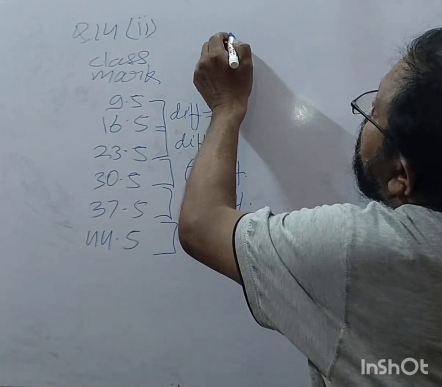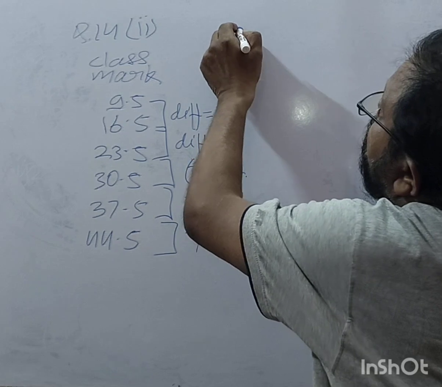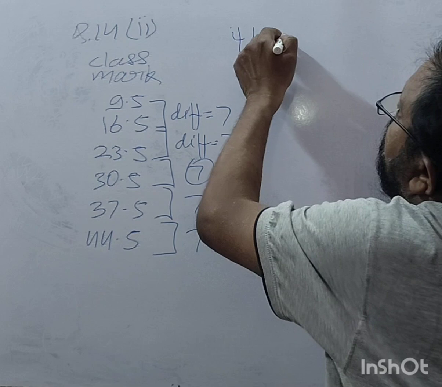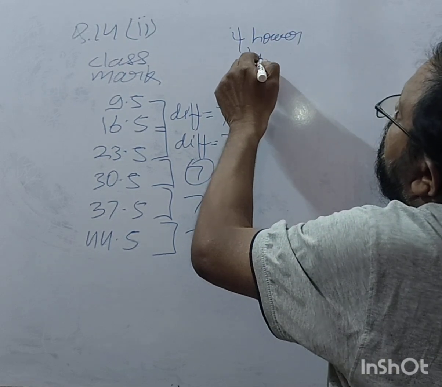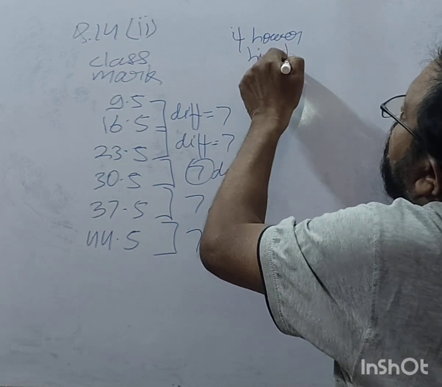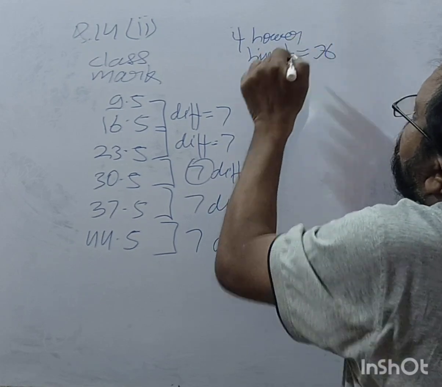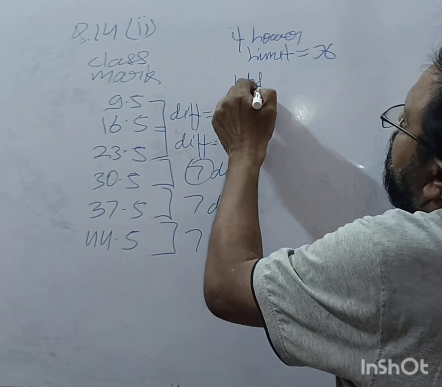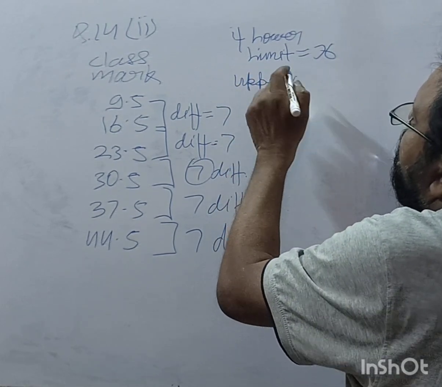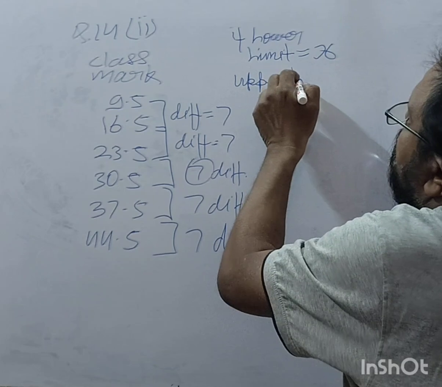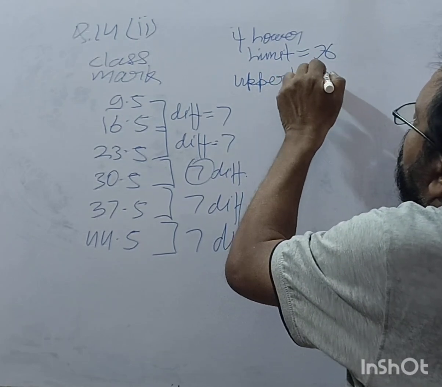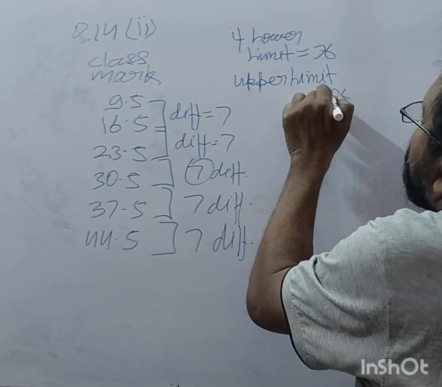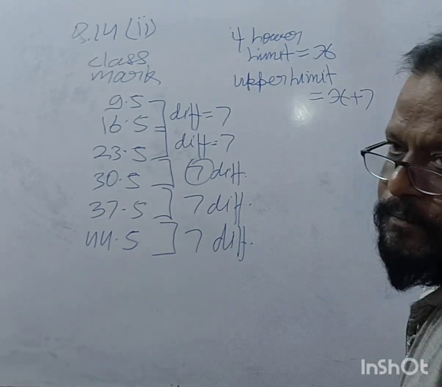if the lower limit is equal to x and the upper limit is equal to x plus 7, right?